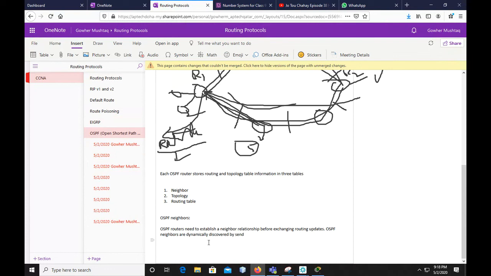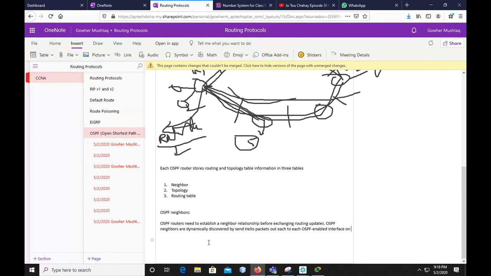by sending hello packets, like EIGRP, out to each OSPF enabled interface on a router.